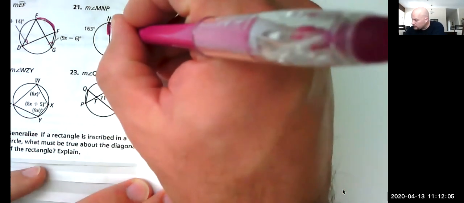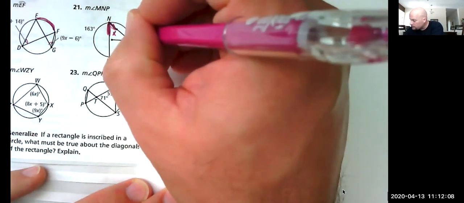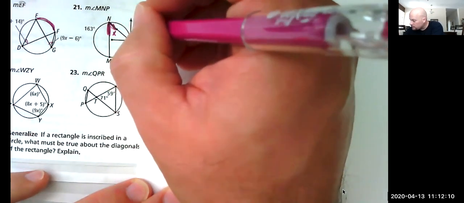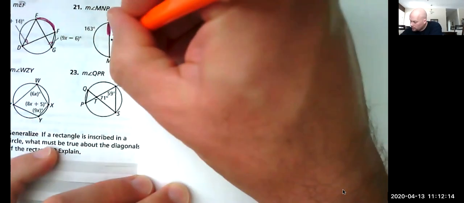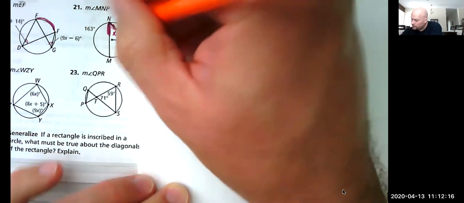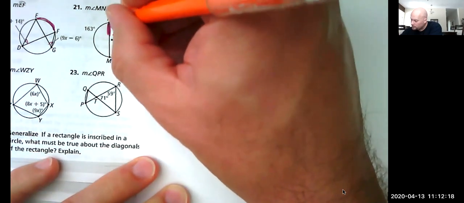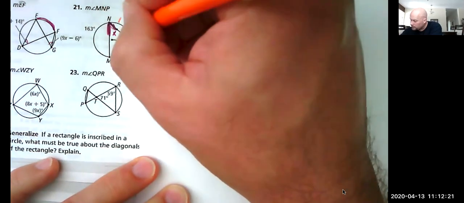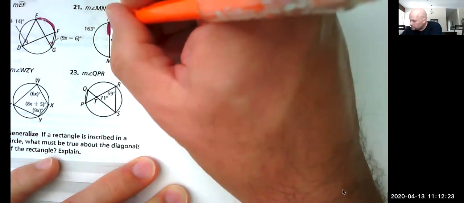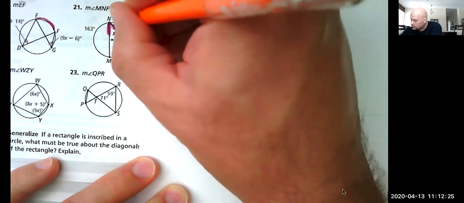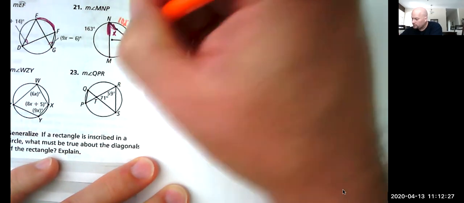It looks like it's pointing at this angle. So if that's this angle, 51. We know this measurement would be double that. So this would be 102. Because again, the arc is double the angle.